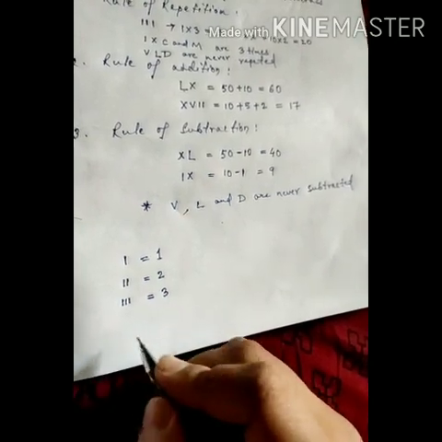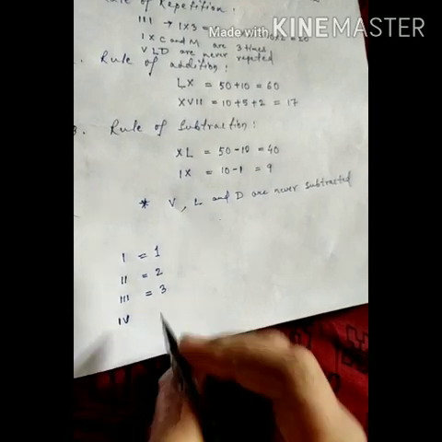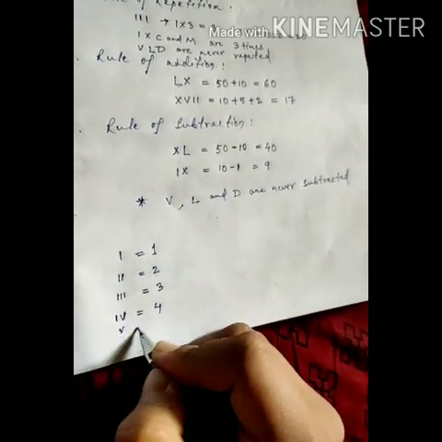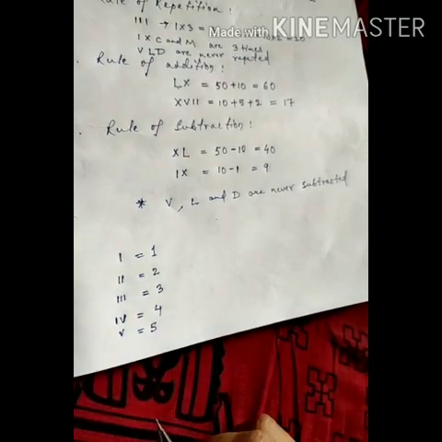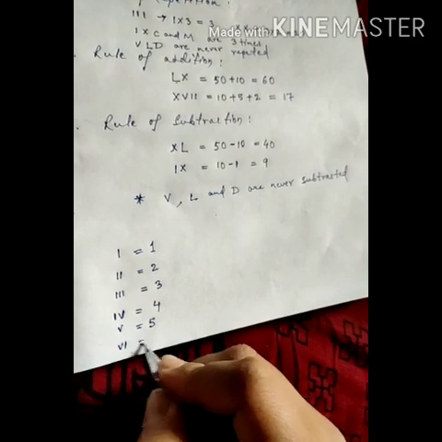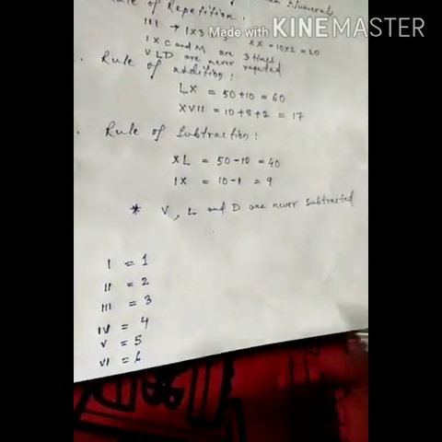So to write 4, I will write 5 minus 1, that equals 4. For 5 I will write V. 6 is VI. Similarly, I can write all the numbers in this manner.